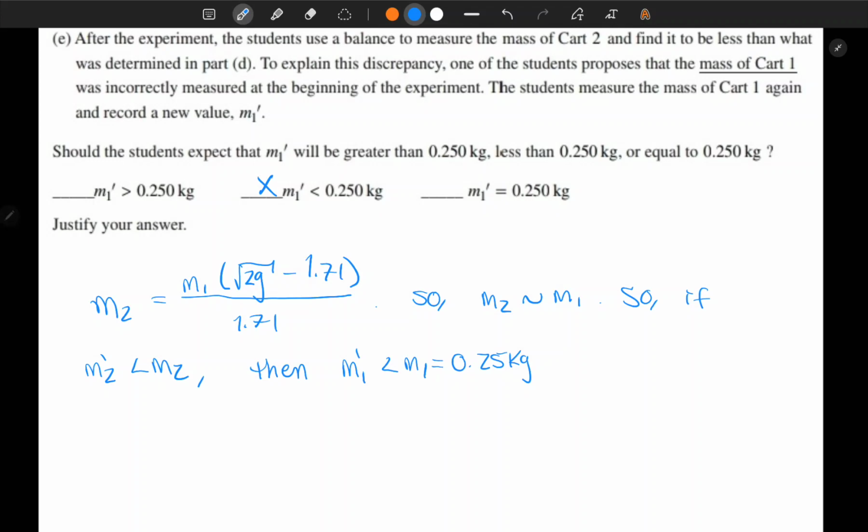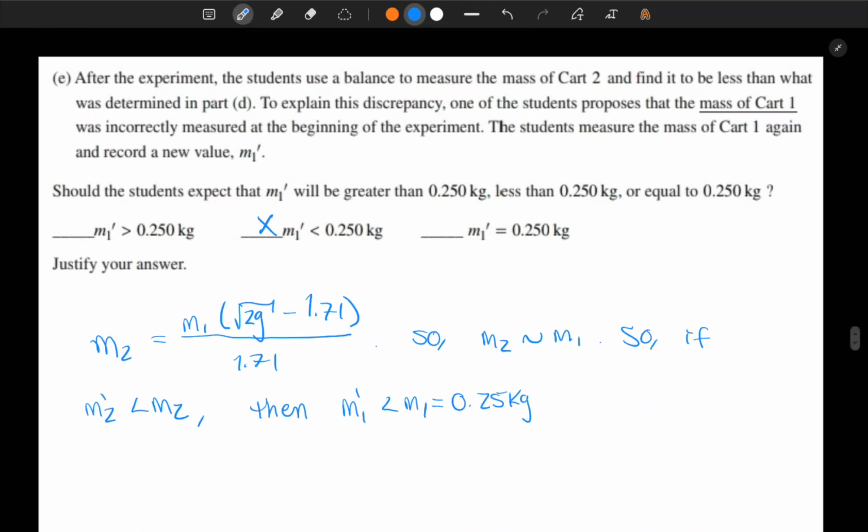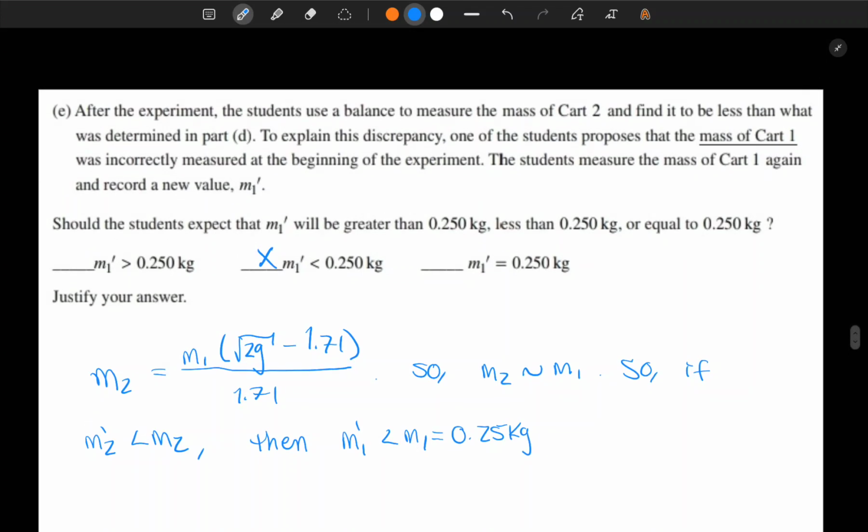Again, to clarify the explanation, students assume that the mass of cart 1 was incorrectly measured at the beginning of the experiment. And further, they found that the new mass of cart 2 is less than what they determined in part D. That is, m2 prime, the actual mass, was less than what we had measured.